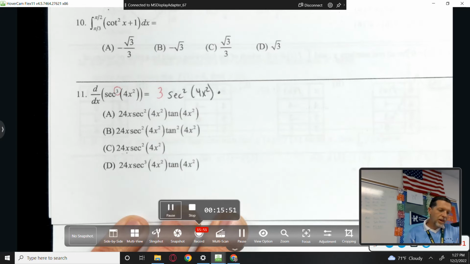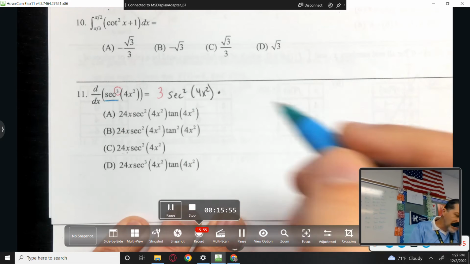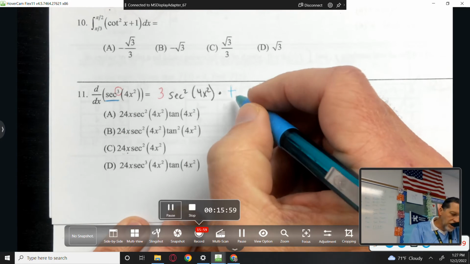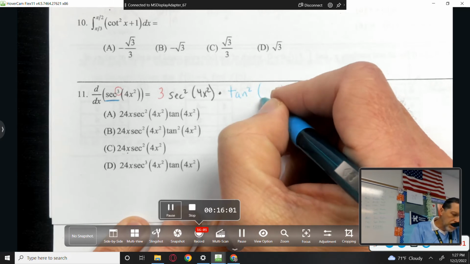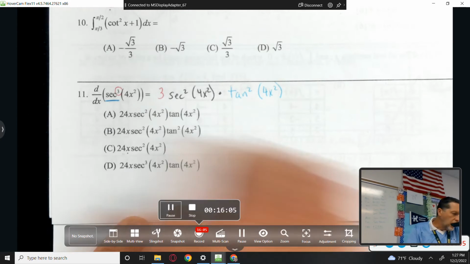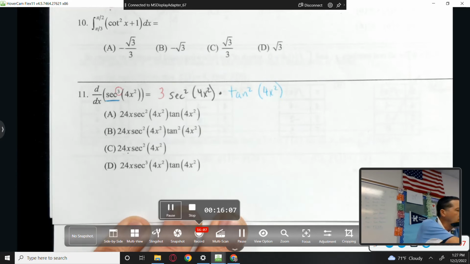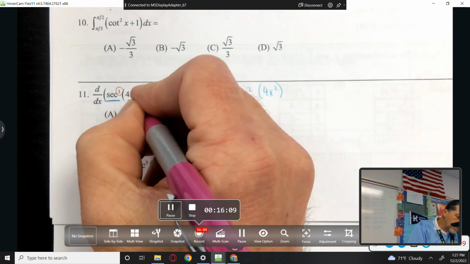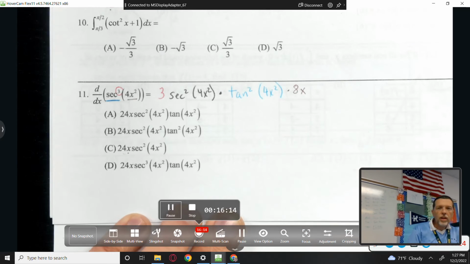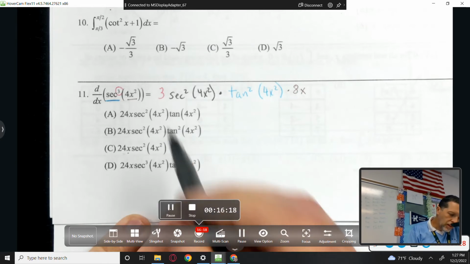I'm going to go piece by piece here. The derivative of secant is secant tangent, of 4x squared. And then lastly, the derivative of 4x squared is 8x. So then I try to put all the pieces together. 24x out front.